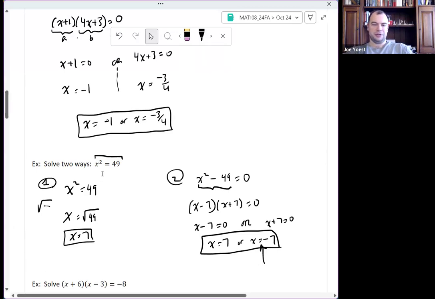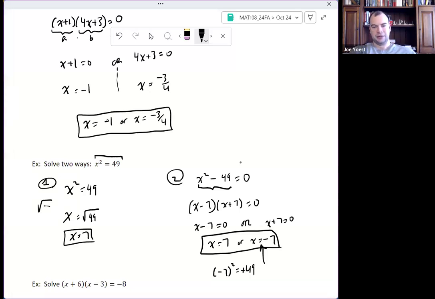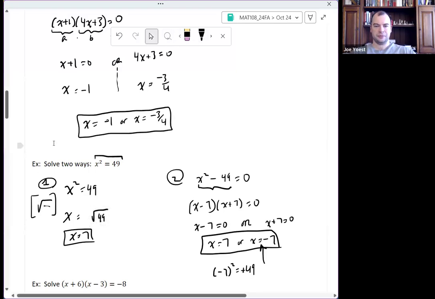Is x equals negative 7 a solution? Well, yeah, sure, because negative 7 squared is positive 49. The negative sign squares off. We have to be very careful when we're doing this operation, quote, take the square root of both sides, because doing that would in some sense lose a bit of information.